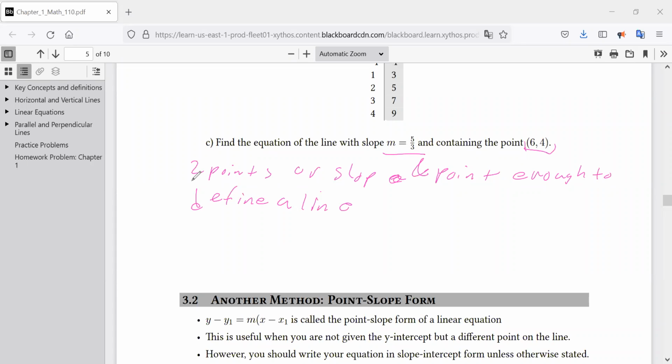What we have here, we've got a slope and a point, and we're about to jump in and talk about point slope form, but we can actually do it with the information we already have, right?